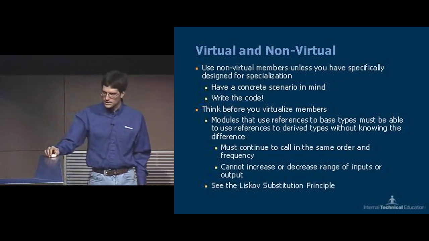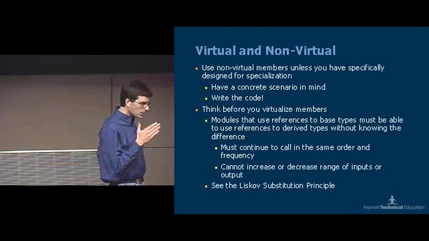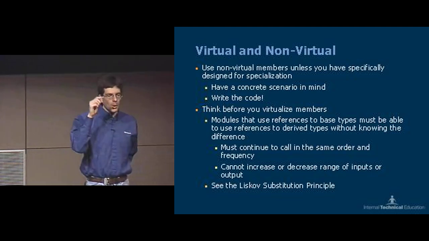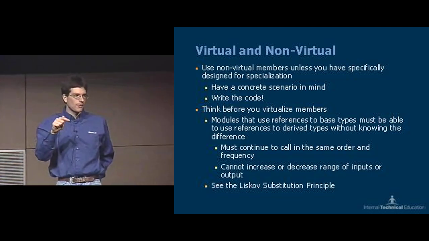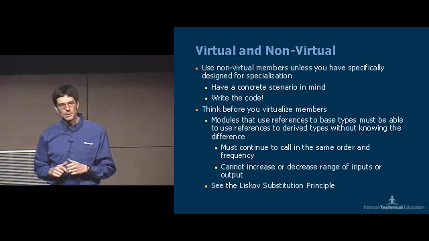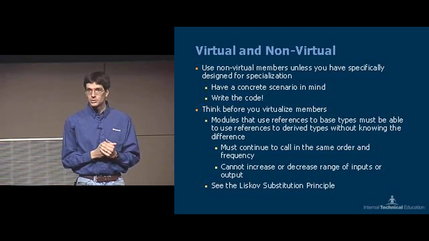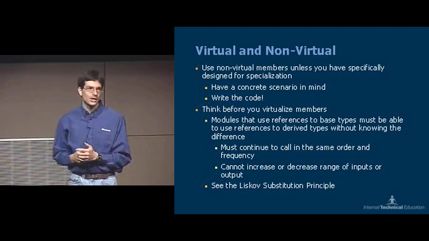Yeah, so generally in extensibility scenarios, whenever you have virtual members, you should point to a concrete scenario you have in mind. I should be able to pick up your class and say, why is that member virtual? And you should say, because the foo scenario requires it. Here's the implementation of the foo scenario right here.